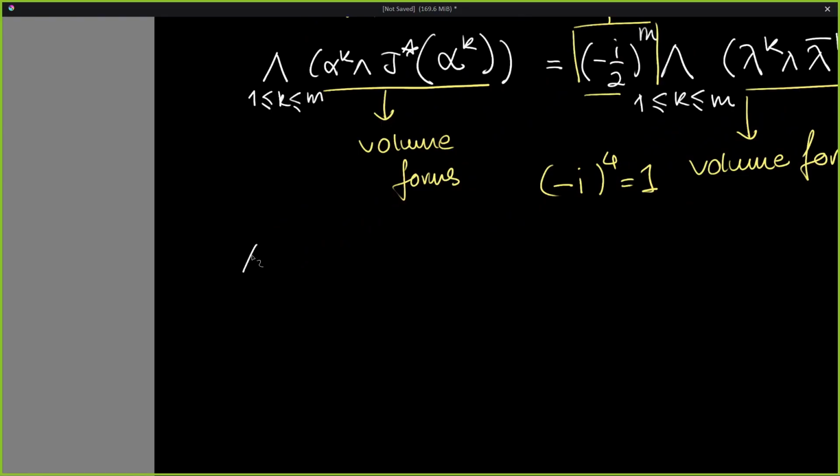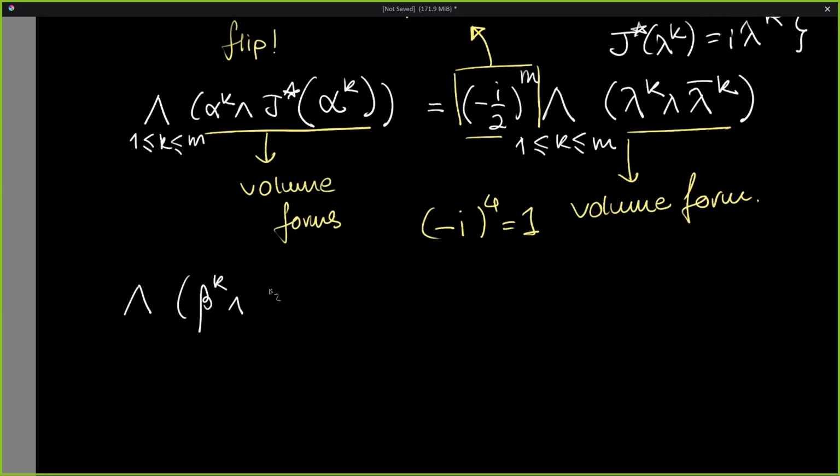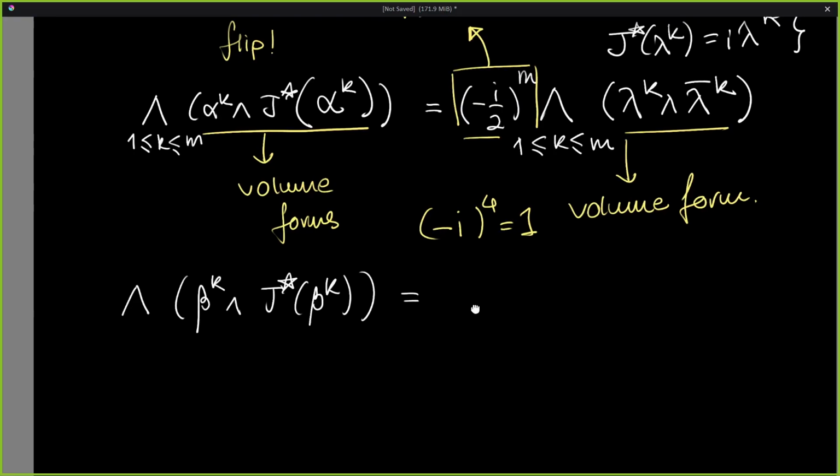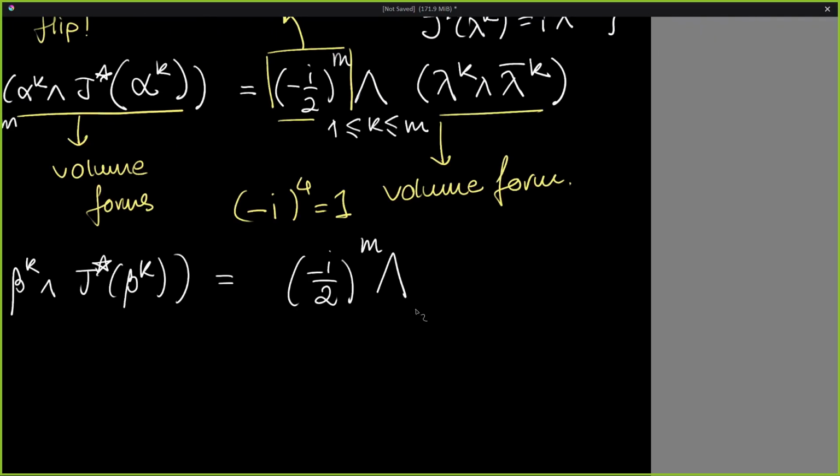But remember, there's going to be a similar flip for both of them. I'm not going to write everything out, but just to give the idea, beta_k wedge J star beta_k is equal to minus i over 2 to the power m, for 1 ≤ k ≤ m. Let's call this basis mu: mu_k, mu bar_k.